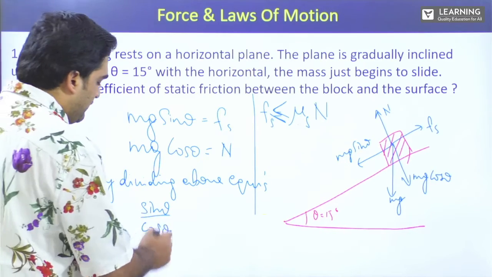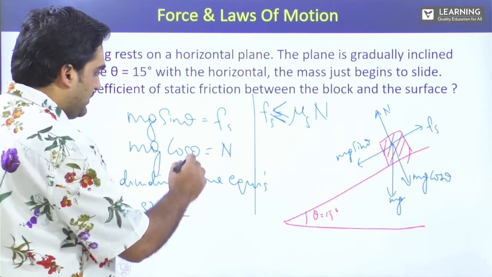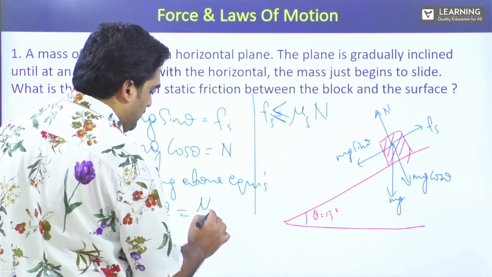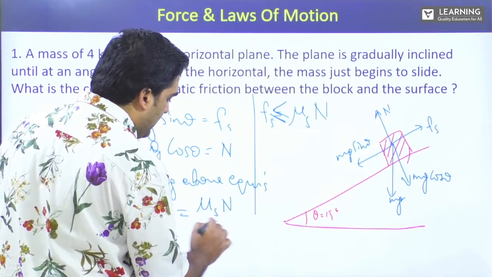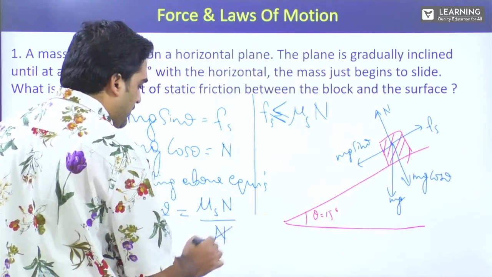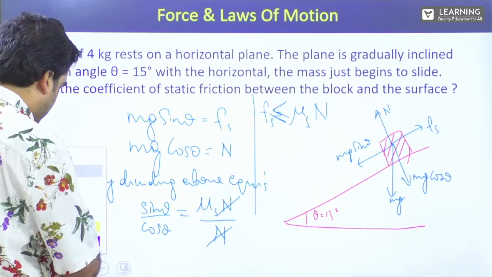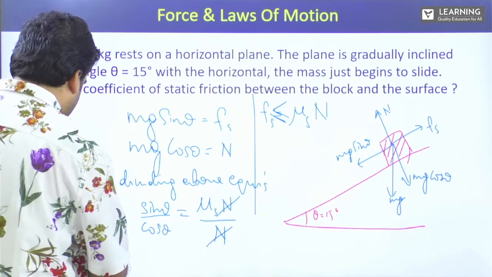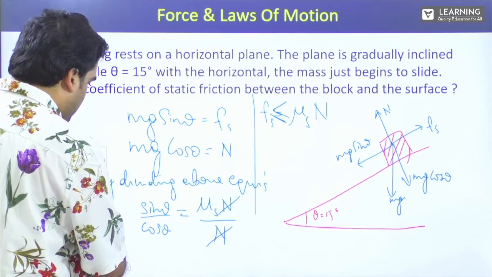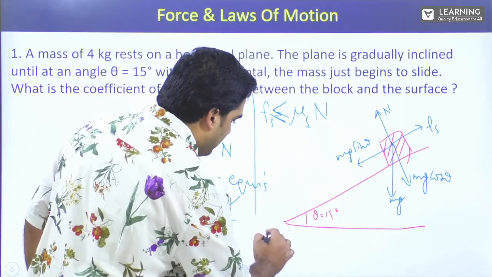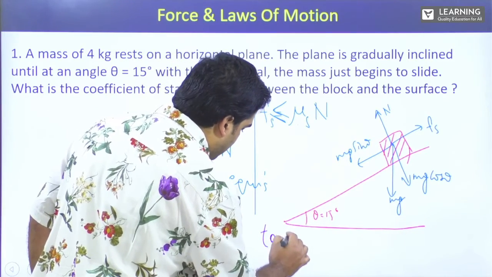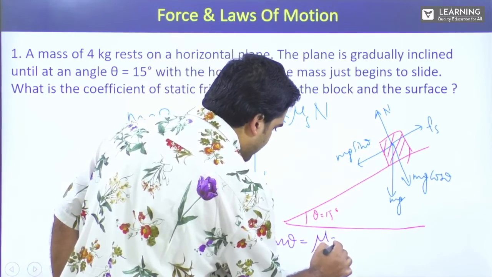So what you're left with is sine theta by cos theta equals mu s N by N, where N and N get cancelled, and what you're left with is tan theta equals mu s.